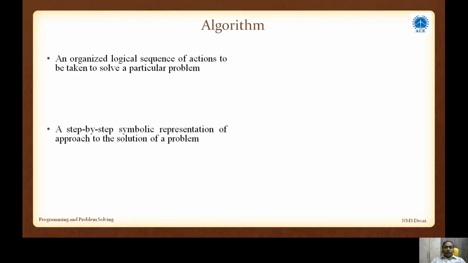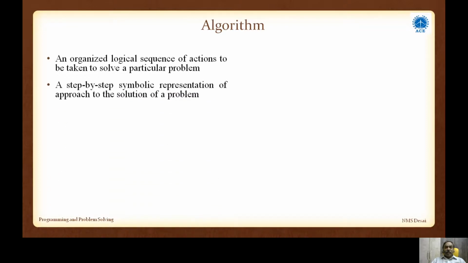It is a step-by-step symbolic representation of the approach to the solution of a problem. It gives approach to a solution of a problem in a step-by-step manner, and it's a roadmap to converting the solution steps into a program.